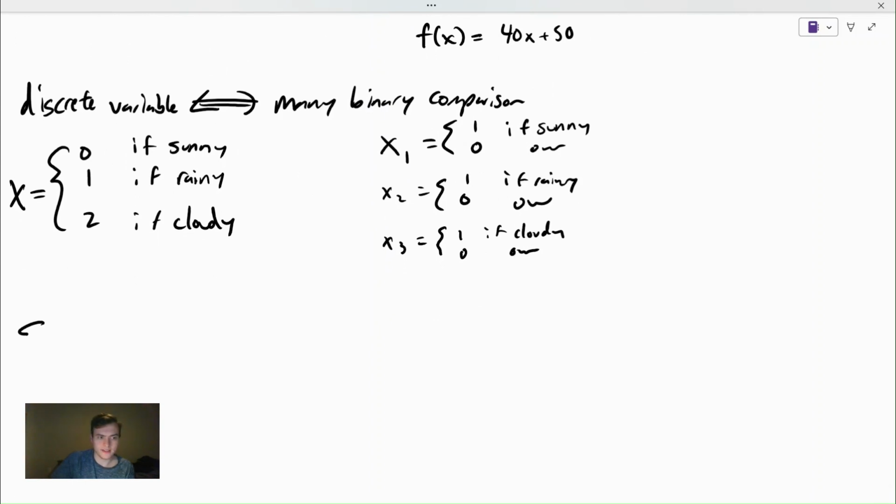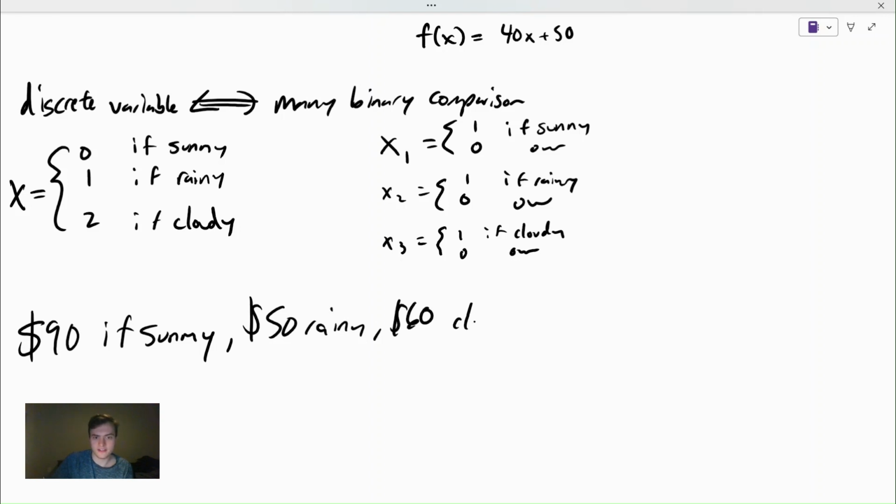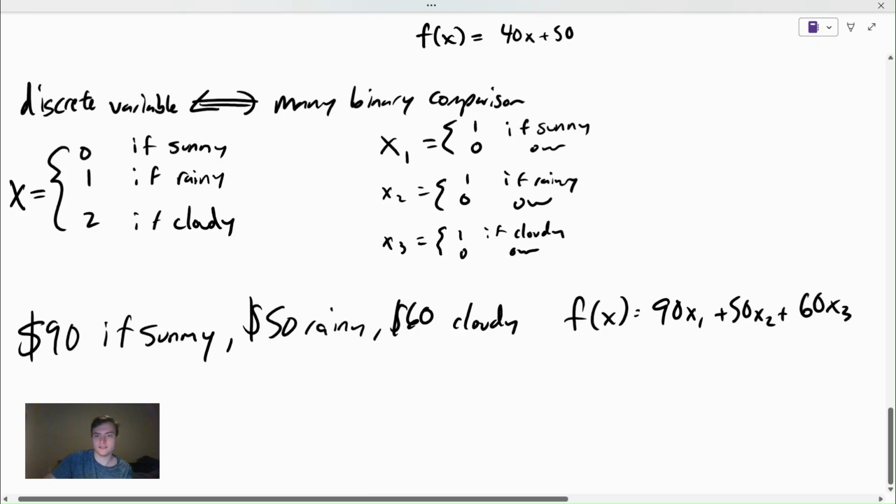So let's say you earn 90 if sunny, 50 if rainy, and then 60 if cloudy, right? So our expression for this could be 90x1 plus 50x2 plus 60x3. 90 times whether it's sunny, 50 times whether it's rainy, etc.